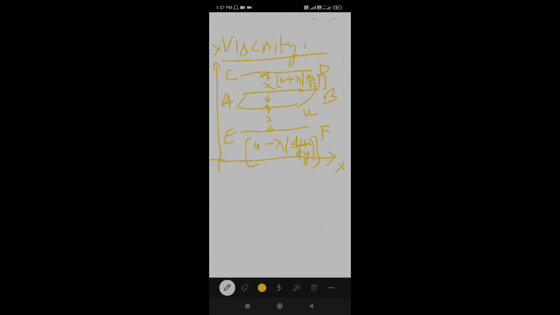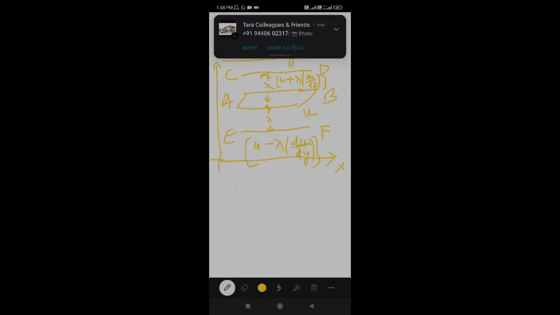So the molecules in this layer transfer some momentum in the backward direction. Since the upper layer is giving momentum in the forward direction to the AB layer due to its high velocity, the lower layer exerts some force on the AB layer so that the momentum is backward.